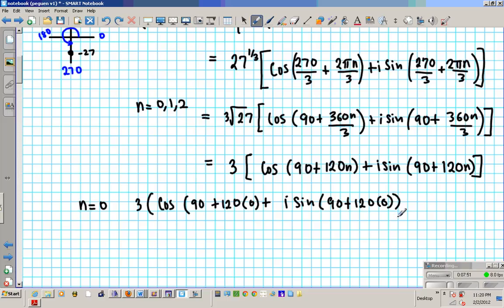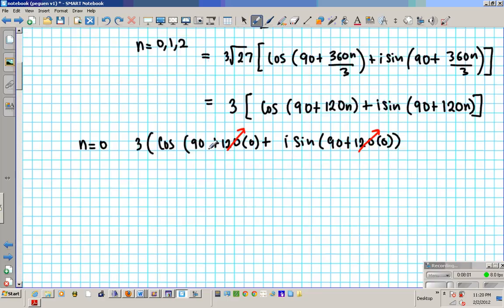And 120 times 0 goes to 0. That goes to 0, that goes to 0. So my answer in polar form is going to be 3 cosine 90 degrees plus i sine 90 degrees.